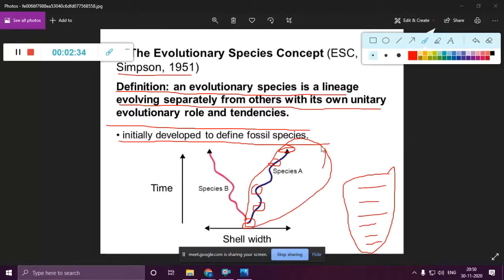So this is the evolution of the horse, and this is the evolution of mammals. If you consider the early man, before that Neanderthal man, Australopithecus, Homo habilis, Homo erectus, all of them belong to the same evolutionary species. This was used to classify fossils.